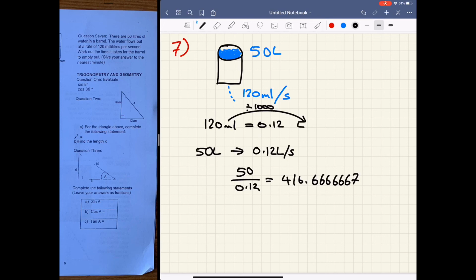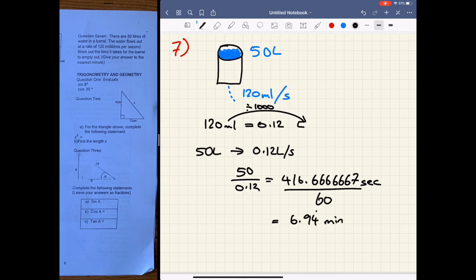Now keep in mind this is seconds. If we go back to the question, it asks us for the time in minutes. So to get minutes, we'd simply divide the answer by 60, which equals 6.94 recurring minutes.